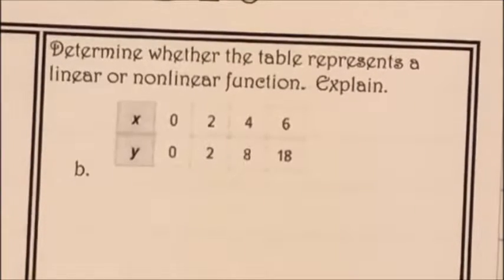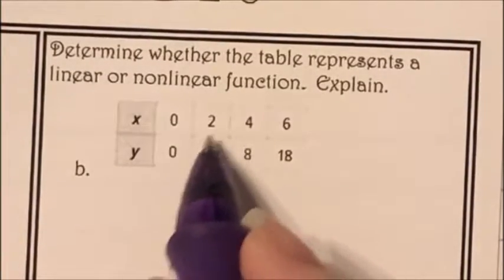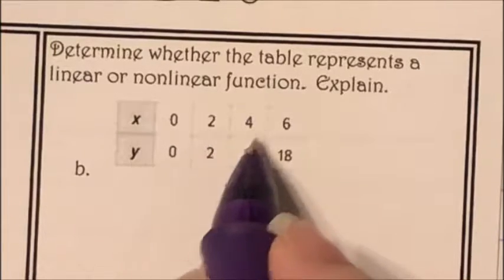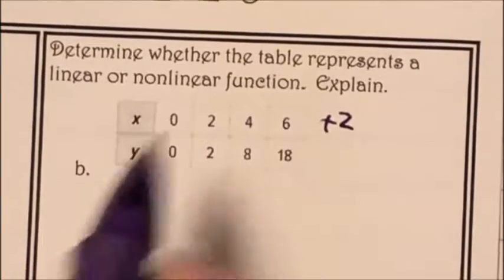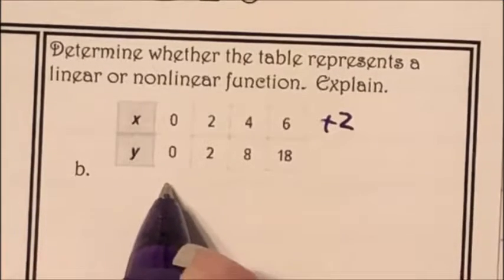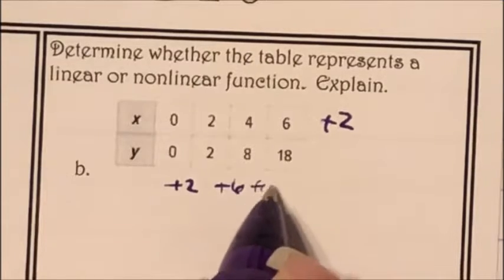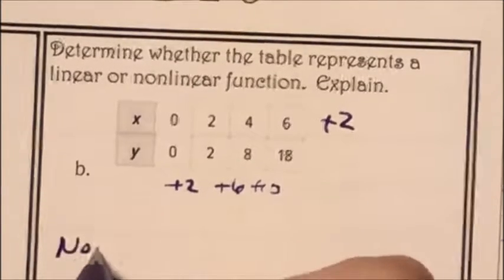Letter B says determine whether the table represents a linear or nonlinear function. Explain. My x increases by 2, so I go up 2, plus 2 each time. My y goes up by 2, so plus 2 here. Then I do plus 6, then I do plus 10. So this is nonlinear.